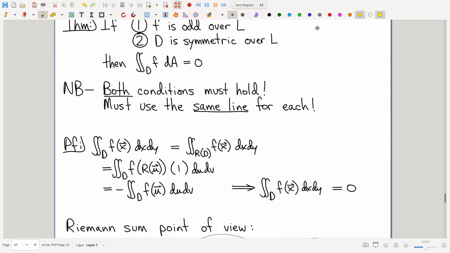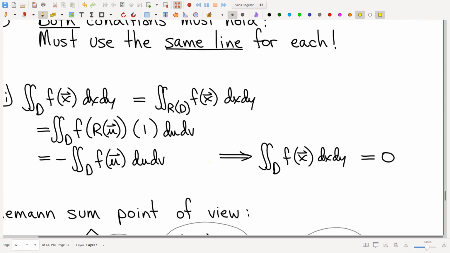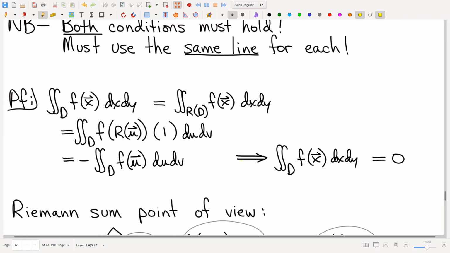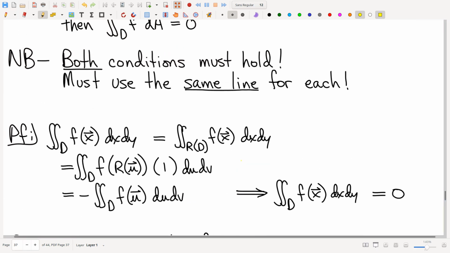So likewise, you can do a two-dimensional change of variables to prove this two-dimensional version of the theorem, and we just use the reflection itself as our change of variables function. Again, you can walk through those details if you'd like. It's morally equivalent to the single variable substitution, but that's just why we're doing it in this section, and you don't need to worry about this algebra unless you're curious.